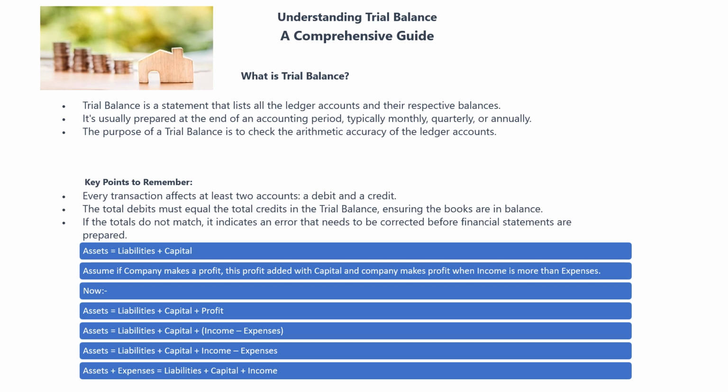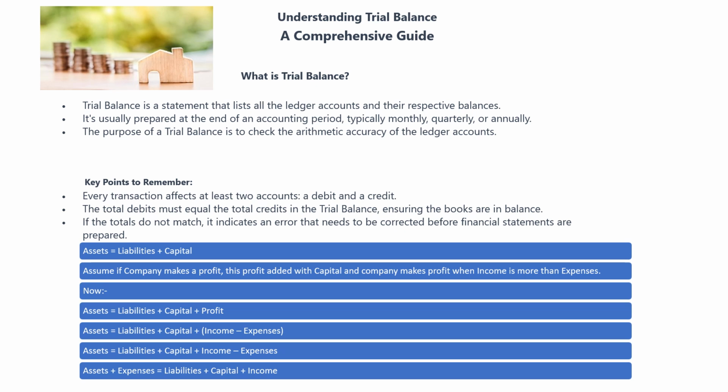So let's go to our next point. While we are preparing the trial balance, what are the key points you have to remember? Every transaction, as I told in my previous video, has two sides. One is debit and the other is credit.